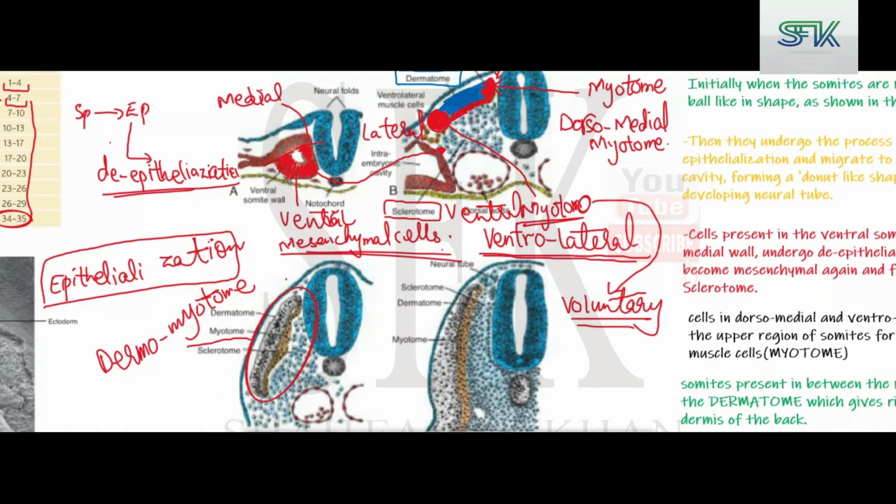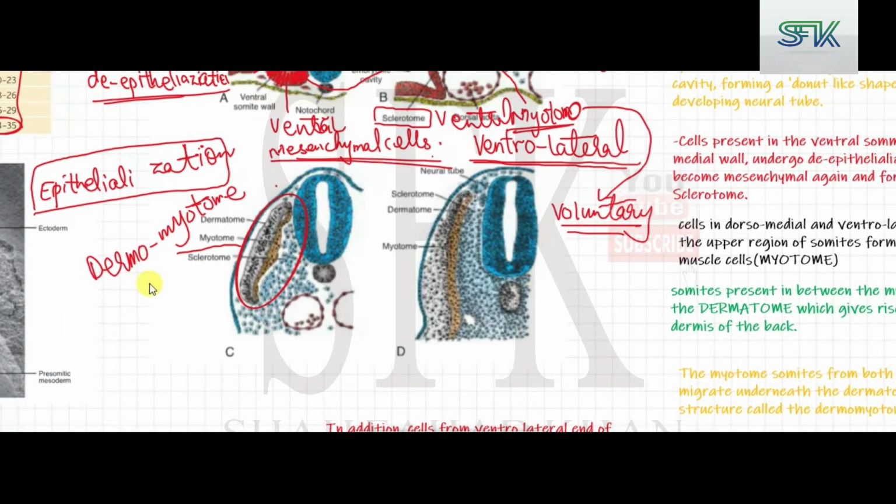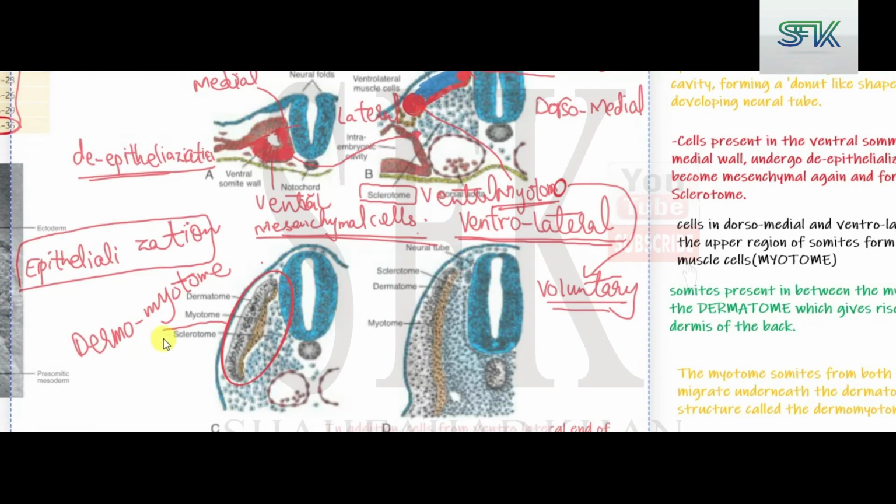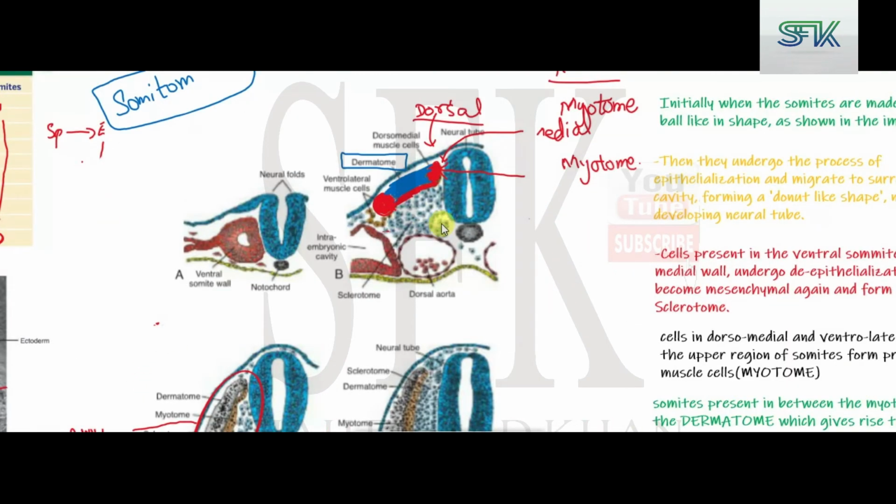While this is happening, what other things happen to the embryo? Now, what happens next is that the cells from the ventrolateral aspect of the myotome, the ventrolateral myotome, the VLM, start proliferating and start migrating over here. What is this region over here?